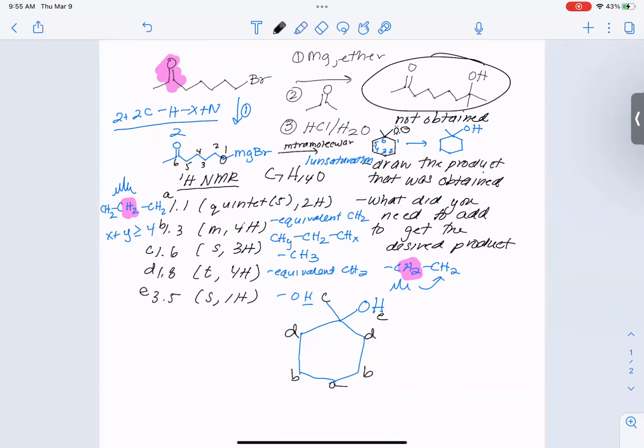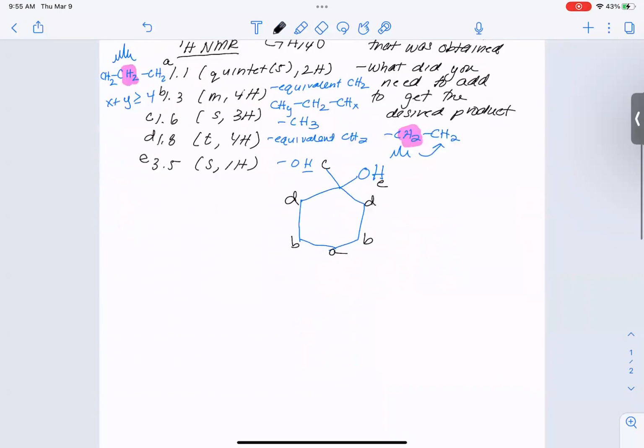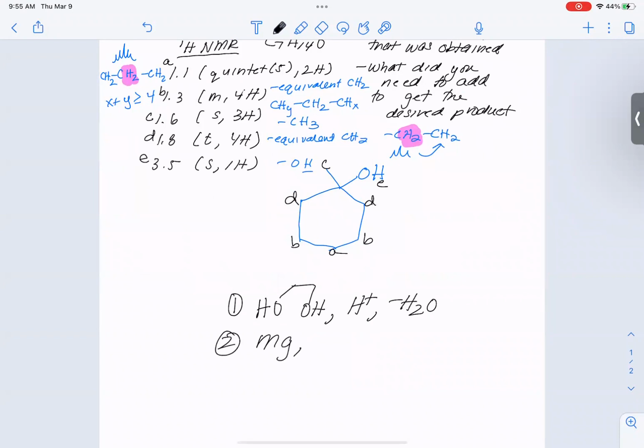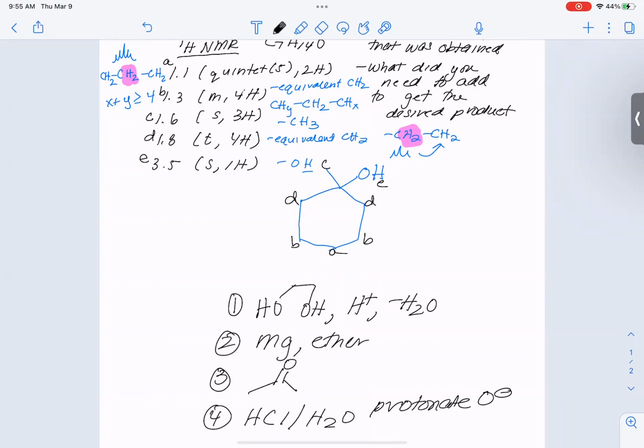So the sequence should have been, prior to making the Grignard, adding ethylene glycol, which would have protected the carbonyl, then adding the magnesium and ether, then adding the acetone, and then finally, when you add the acid and water, this is going to protonate the O-, and it's going to remove the cyclic acetal.